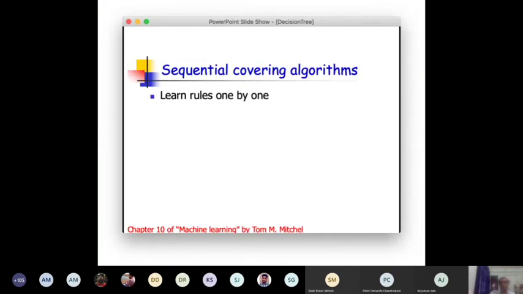The approach is that you learn rules one by one. Like in a decision tree, after forming the tree, you are learning a set at a time. I can give an analogy to it as if it's a parallel derivation of all the rules. But in the sequential algorithm, one by one, I will get a rule, I will apply it, and I will find out how many training examples are covered by that rule.